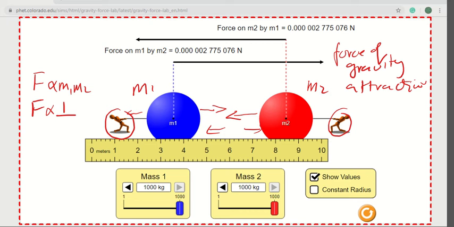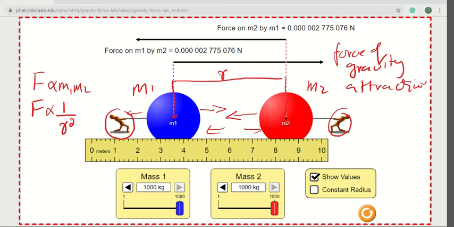He saw this relation to be force proportional to 1 over the square of distance. From the center, from here to here, this is r. R is the distance from the center of one mass to the center of the other mass.